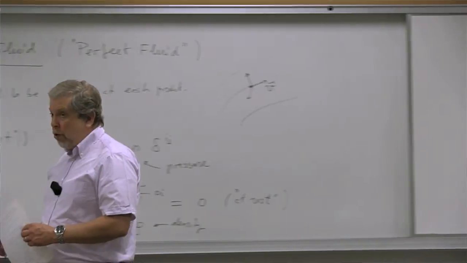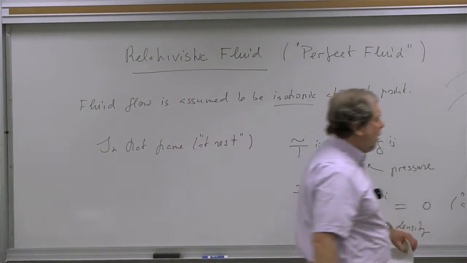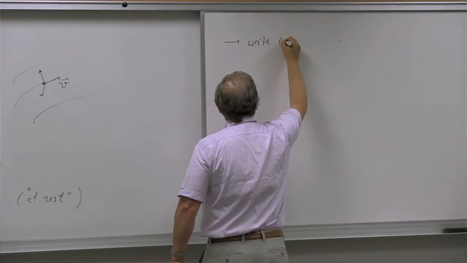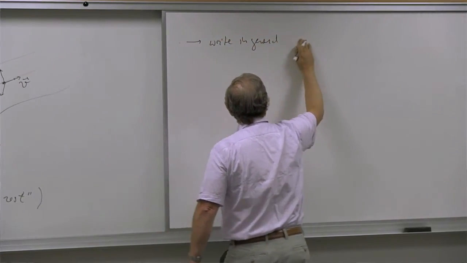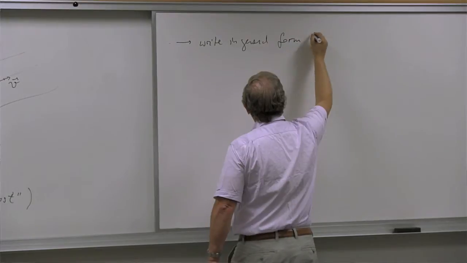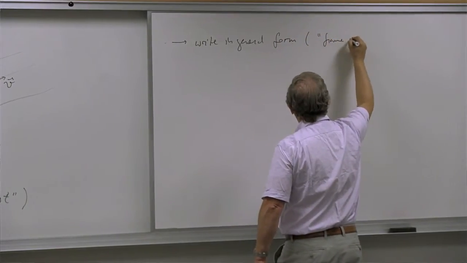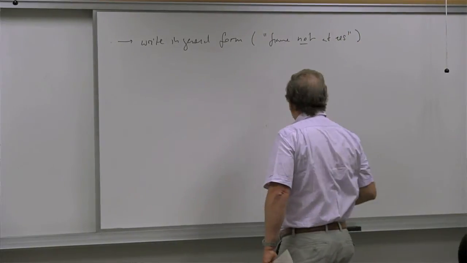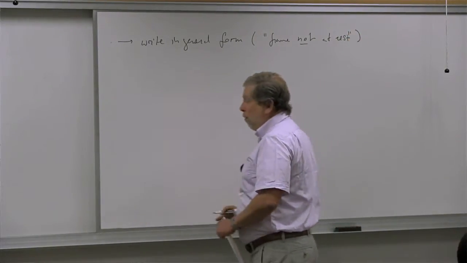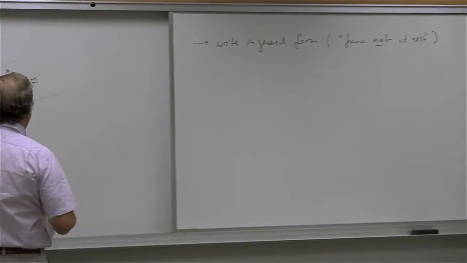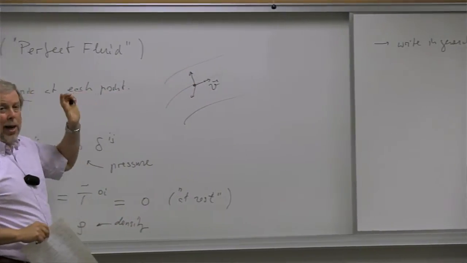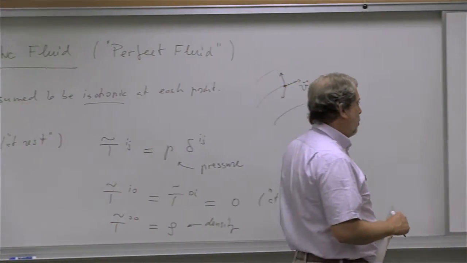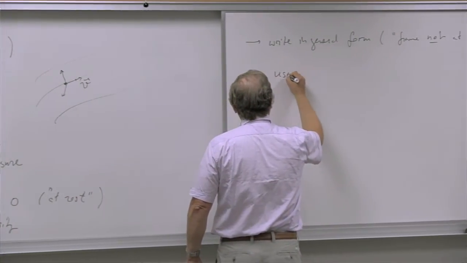And so now we want to write it in a general form, which means the frame is not at rest. And so how do we go from a frame that is attached to a particle in the fluid to one that is in the lab and looking at the fluid going by? Well, that is just a Lorentz boost.